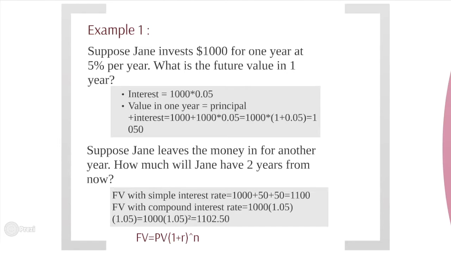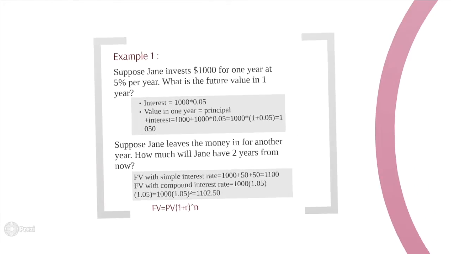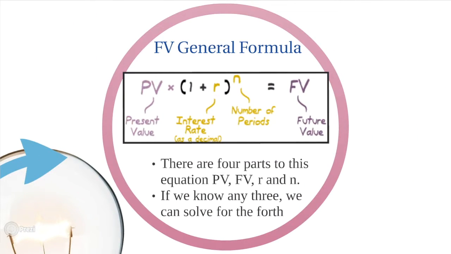So we just found out the future value general formula here, and it is future value equals present value times 1 plus r to the power of n. So the PV here represents present value, and r is the interest rate. n is the number of periods, which is the time. And FV is the future value we have just talked about.